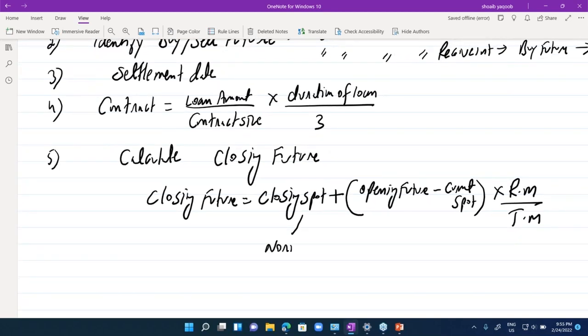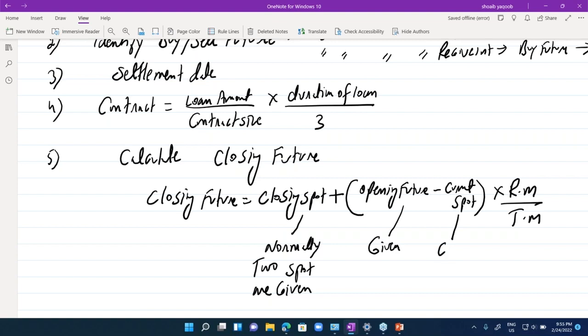Normally two spot rates are given, one with the rising interest rate and one with the falling interest rate. Opening future is given.